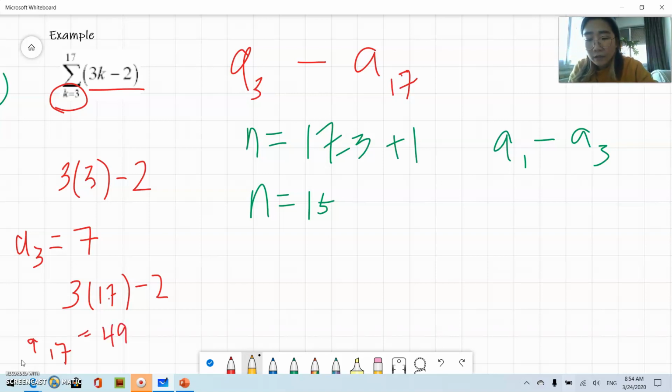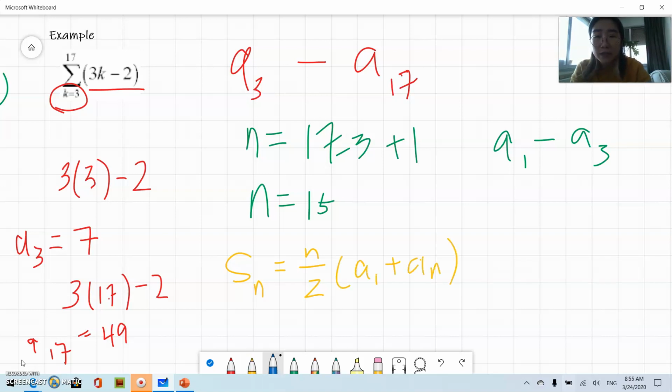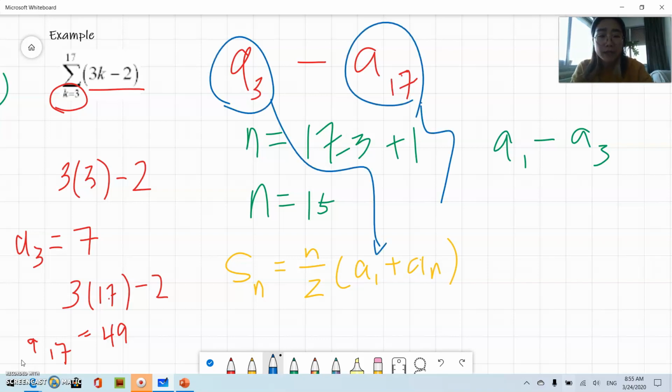So again, I will show you how this formula works. I'm still using the same formula, okay? It's this one, S of n is n over 2 times (A1 plus An). But what I want you to see is that my A3 acts like A1, and my A17 acts like the last term in this sequence. But then n needs to be modified by using the counting method.